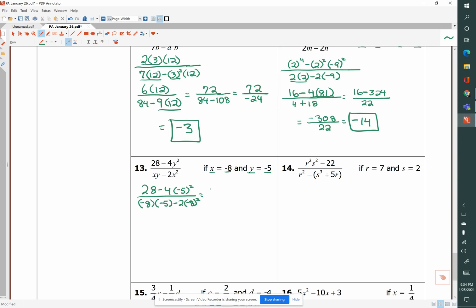We'll have 28 minus 4 times -5 times -5, which is positive 25. And in the denominator, -8 times -5 is positive 40, minus, now we have an exponent here, we'll do that next, minus 2 times -8 times -8, which is positive 64.